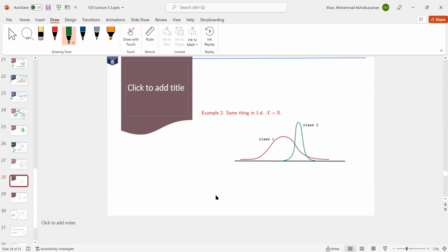And in this case, for this part only, if we get a data point in this part, for classification, we'll assign it class 2. Other than that, in this region or this region, we'll classify them as class 1.